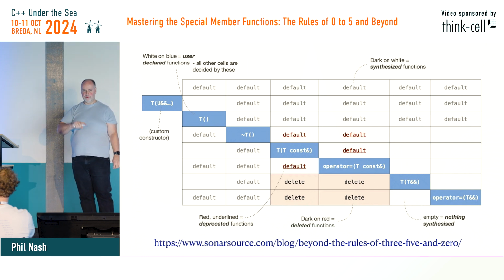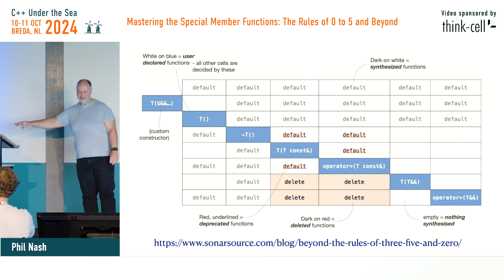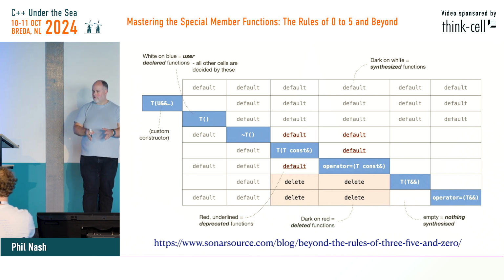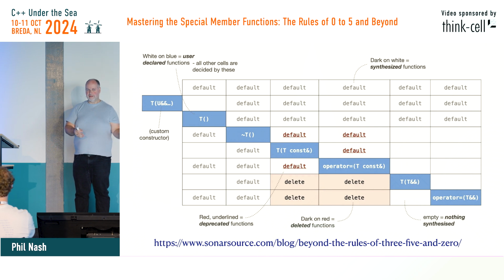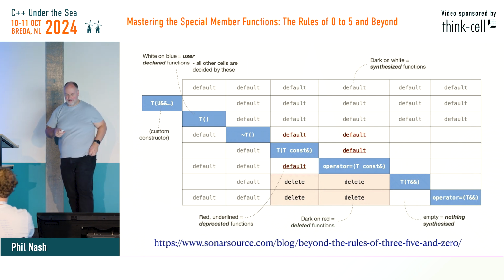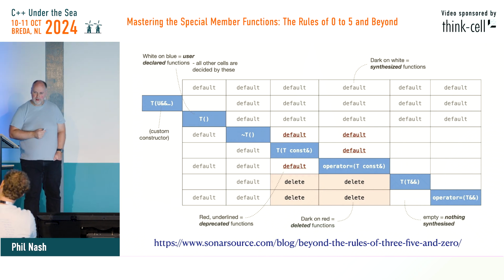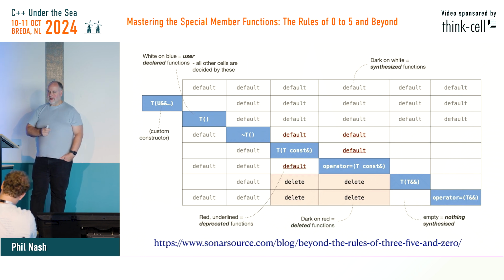Right, there's that difference between delete and disable. It never wrote the move operations. The copy operations, they exist, but they are deleted. Actually, we won't get into the subtleties of that. It is detectable. Point is, you don't get them, which means it's a lot safer.